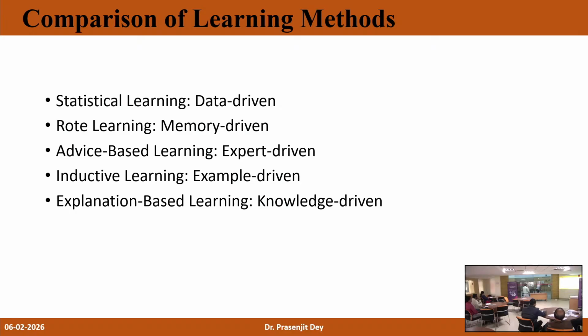Rote learning is memory driven, it has a lookup table kind of thing, and if it matches some input, it provides the corresponding output. Advice based learning is learning by taking advice from an expert. Inductive learning is example based learning, and explanation based learning is knowledge driven learning.